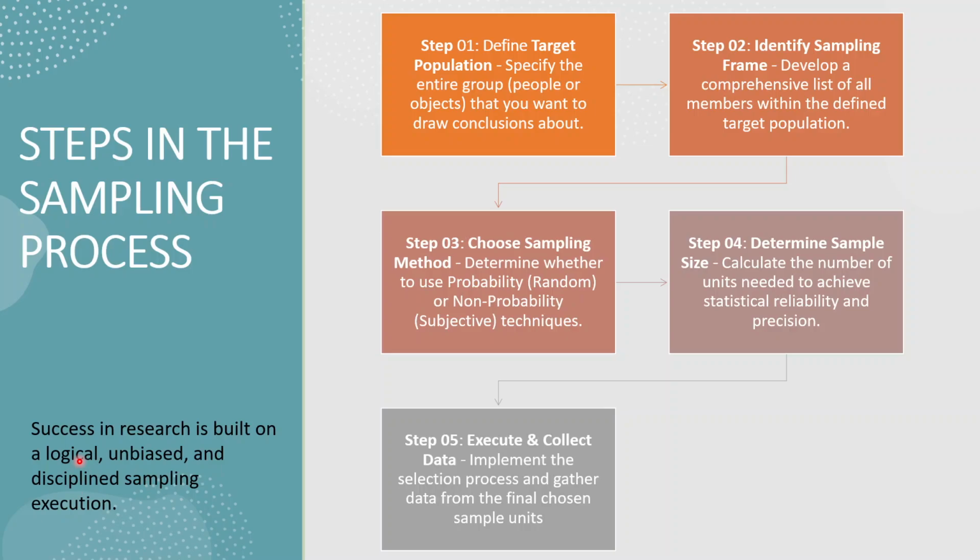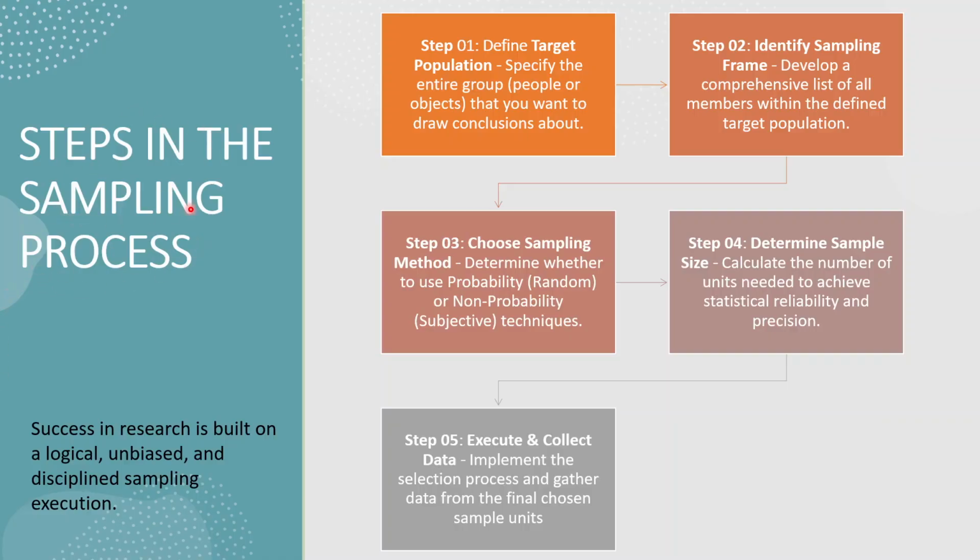If my sampling is unbiased and done in a proper way, if the samples are properly picked, then the study will be more accurate, and my predictions will be more accurate and efficient compared to when the sampling is not that good. So we will have a look at the steps involved in sampling.